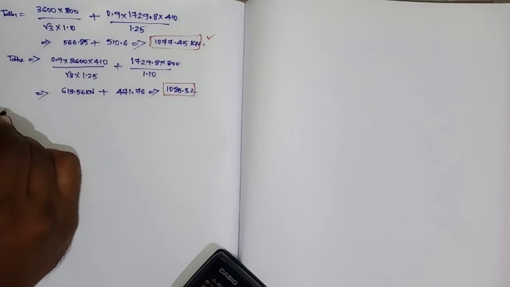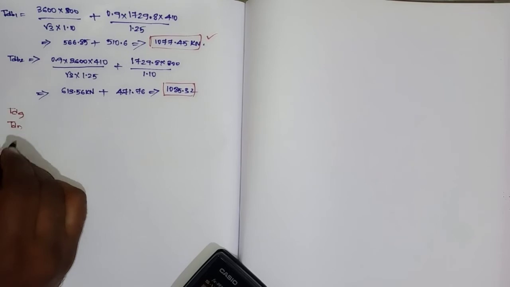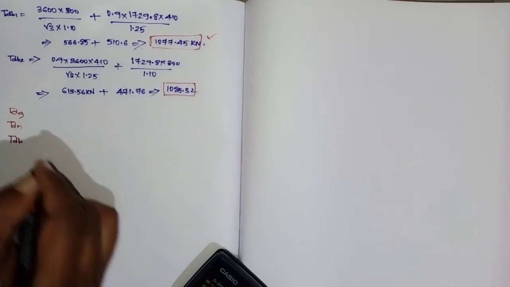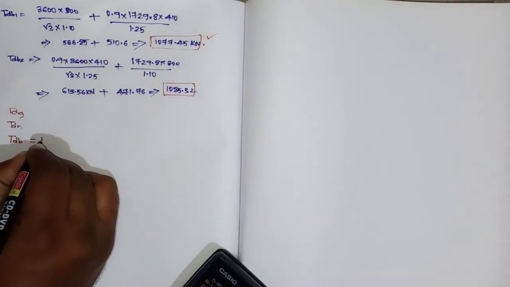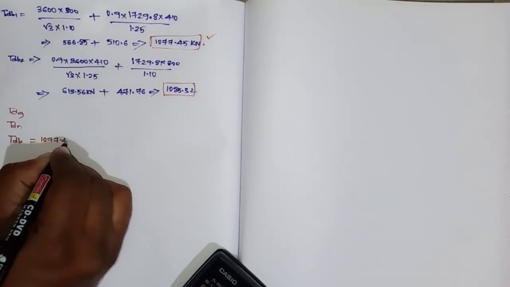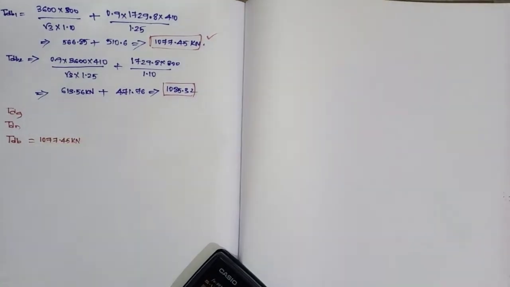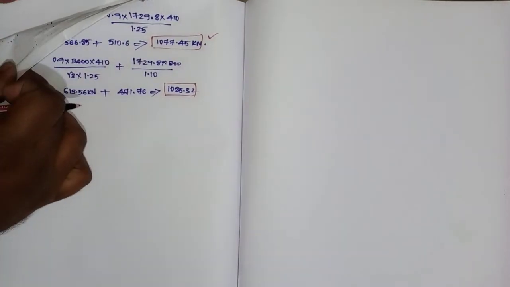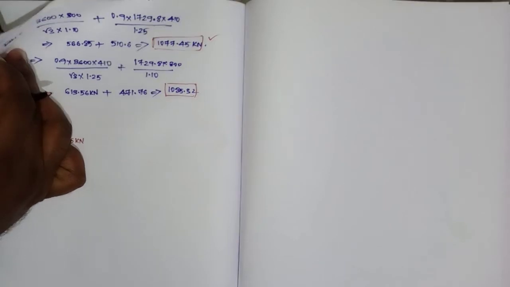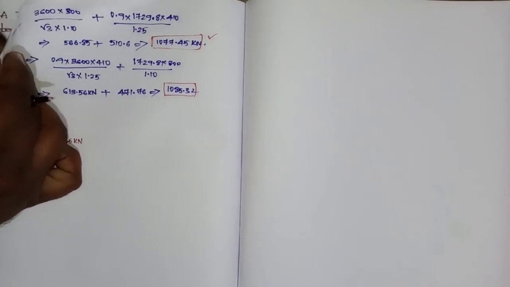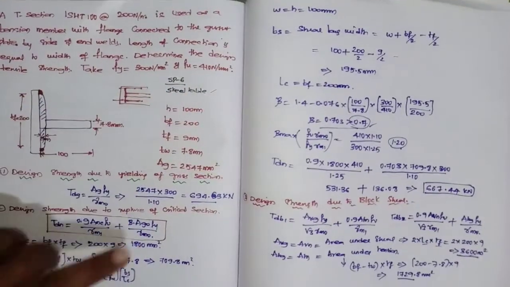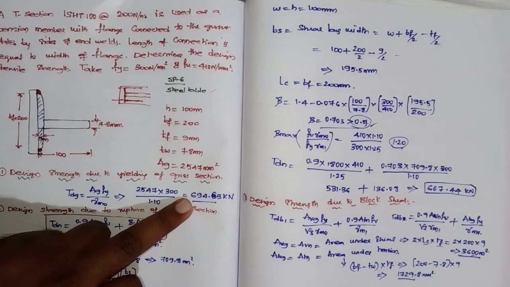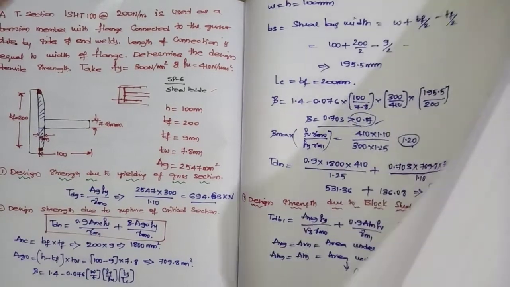Now we'll write here all the three, TDG, TDN and TDB. What is TDB? 1077.45 kilonewtons. Next, this is TDG, 694.63.